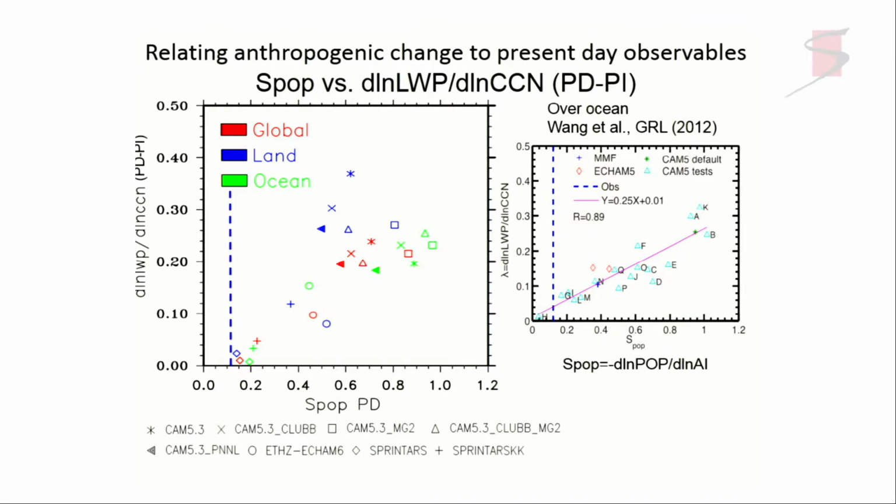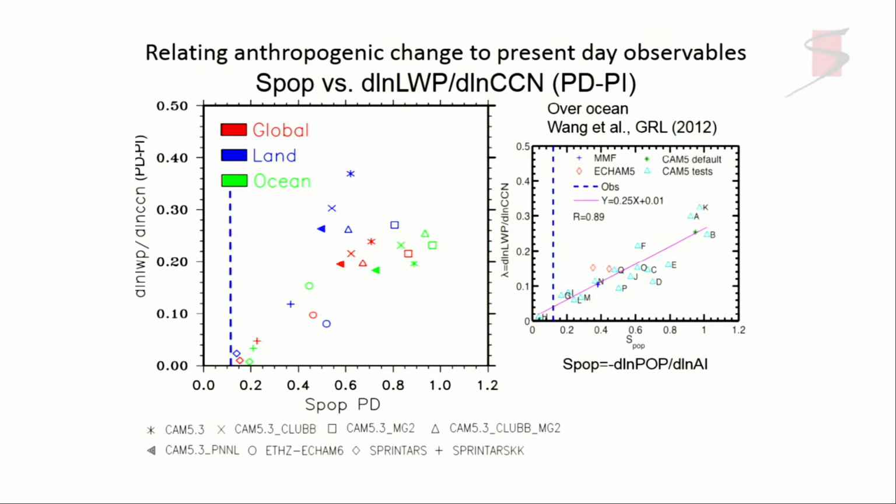This present day metric could actually correlate very well with the change. So in models where precipitation is very strongly suppressed by increasing aerosols, those are the models where you get strong increases in liquid water path as a response to increasing aerosol concentrations.